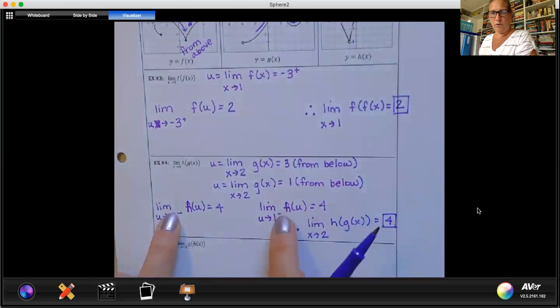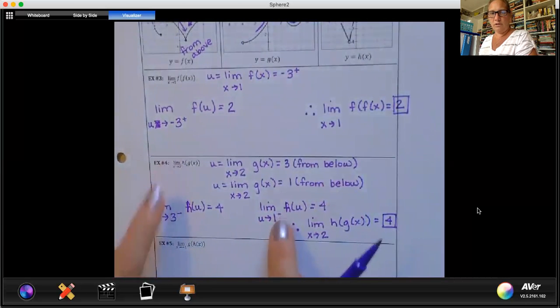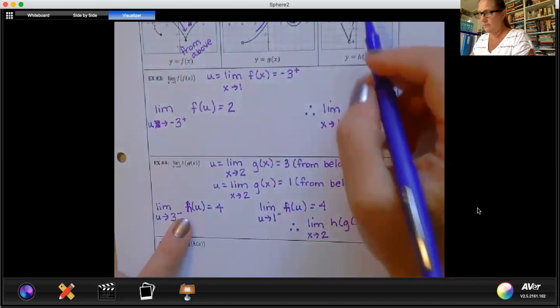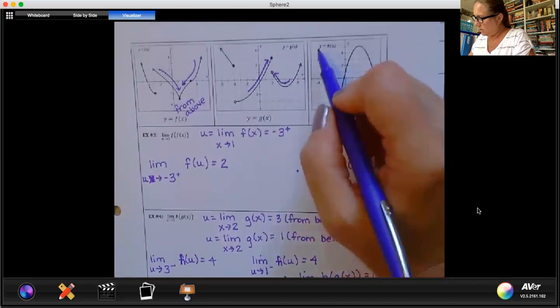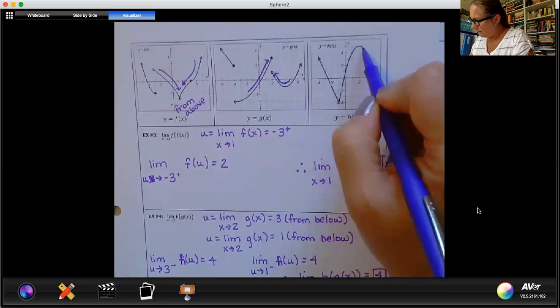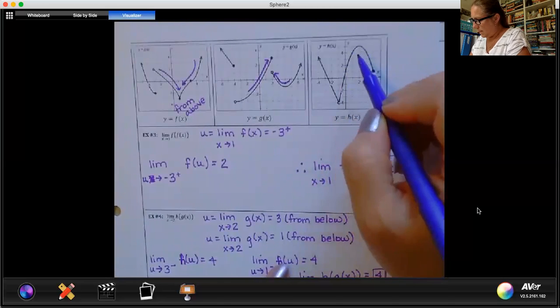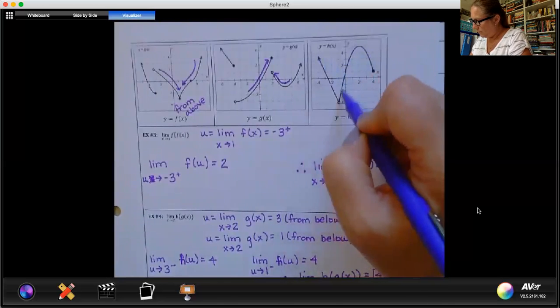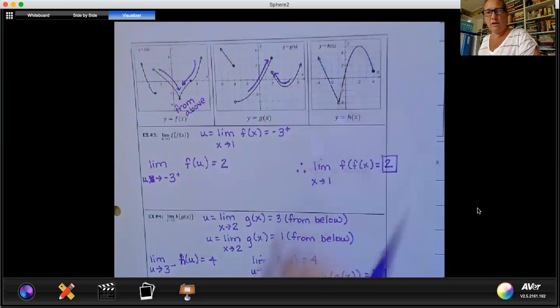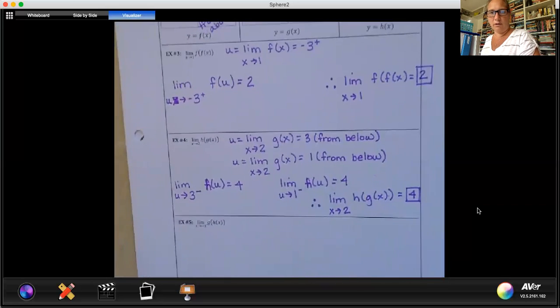Then we go to the h function approaching 3 from the left. H function approaching 3 from the left is positive 4. H function approaching 1 from the left, positive 4. And because those are the same, 4 is your overall limit.